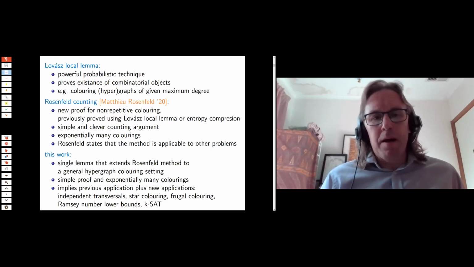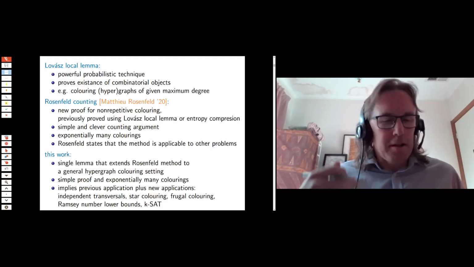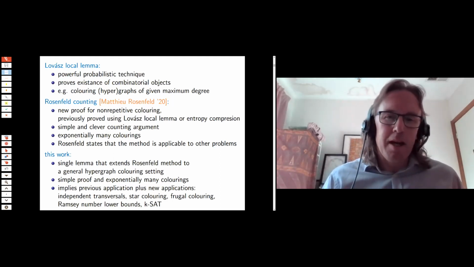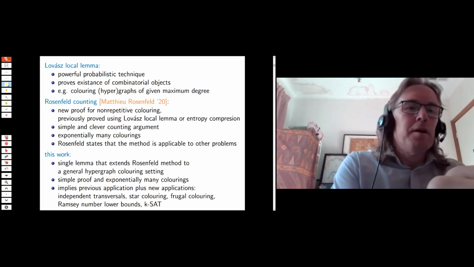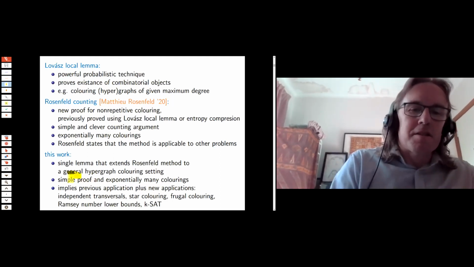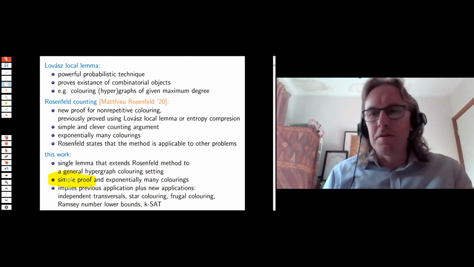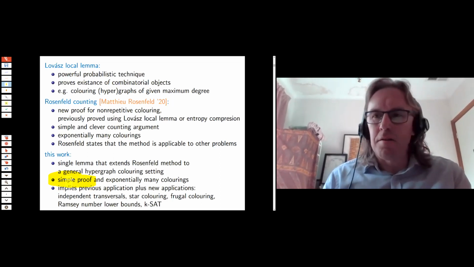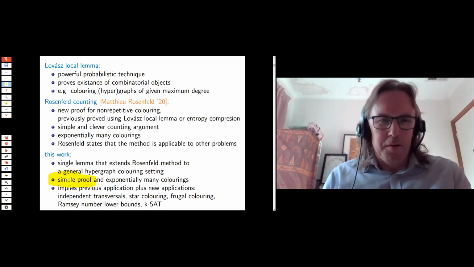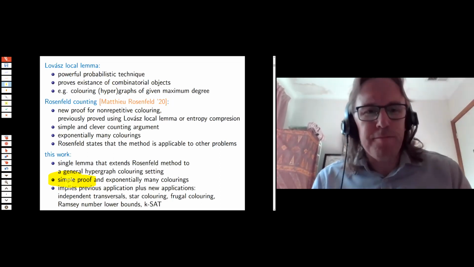What I like about this new counting method is that it inherently and without any extra work implies the existence of exponentially many colorings. And for me, the real advantage is this simple proof. It's this extraordinarily simple proof. It's something that I think you could teach to an undergraduate student, and hopefully they'd even understand it.